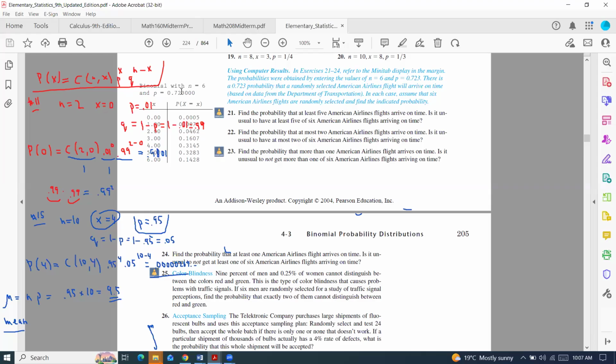So they say: find the probability that at least 5 flights come on time. So in exercise number 21, they want to know at least 5. What they talk about is either 5 or more, right? At least means not less.